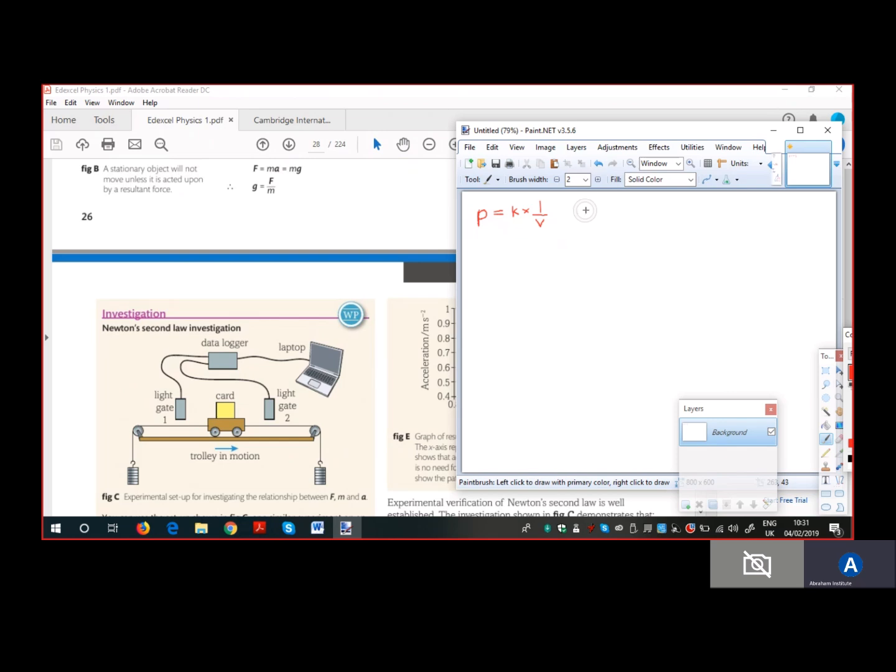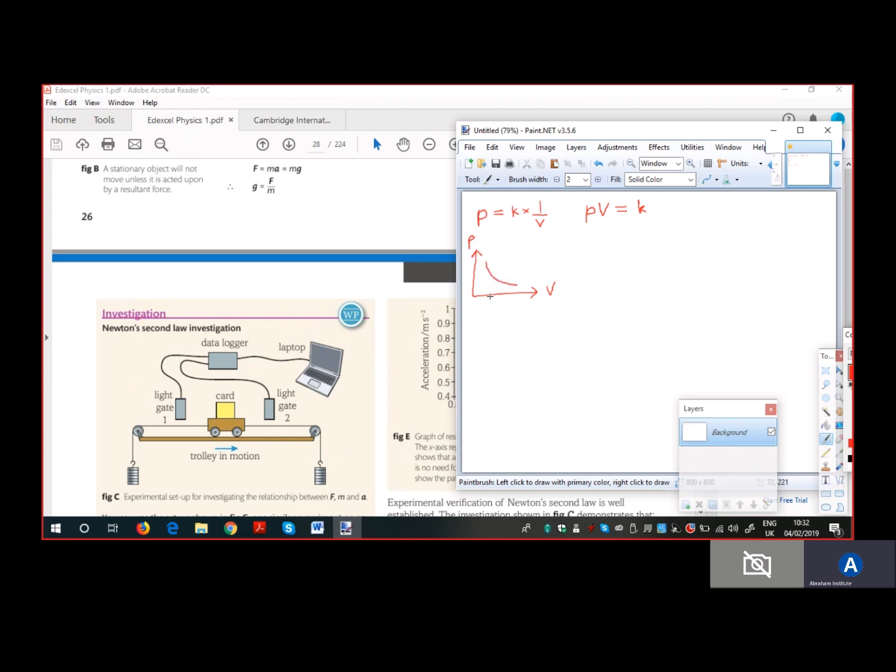If you remember, PV equals K. That is Boyle's law. If you plot this graph, what you will get is a curve like that.